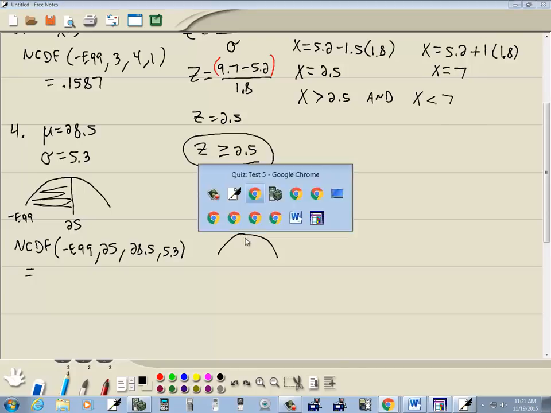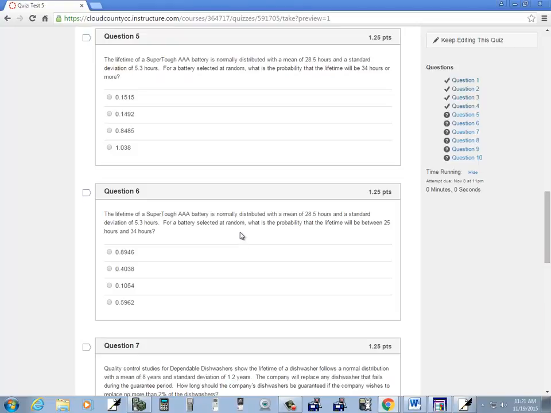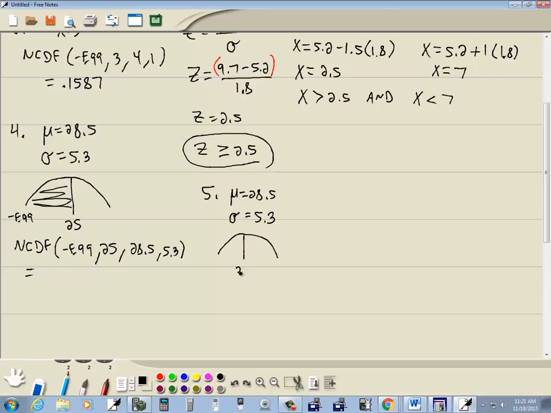So 34 or more is shaded to the right. So this will be E99. So we'll do our normal CDF, our low value, our high value, our mean, and then our standard deviation.